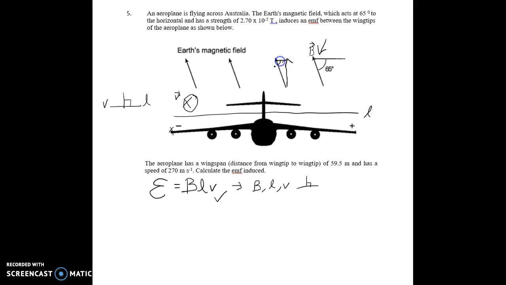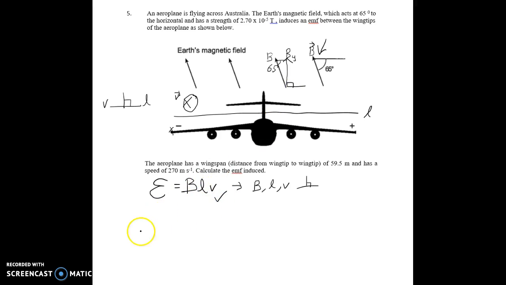And this one makes the angle of 65. You need to resolve this B upward because only this position, maybe call it BY, the upward position, would be perpendicular to the L. Because you see that L is here, then only will it be perpendicular.